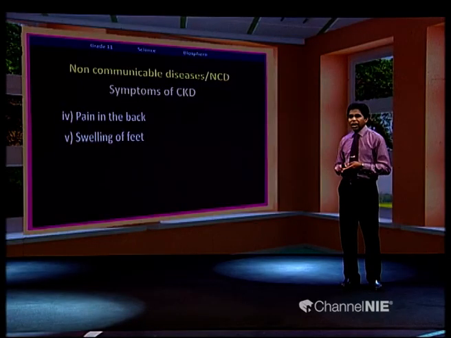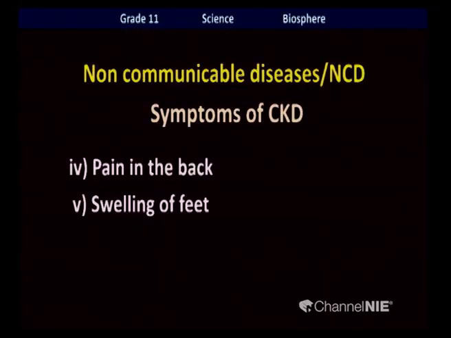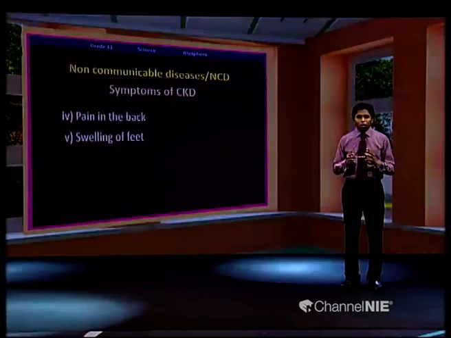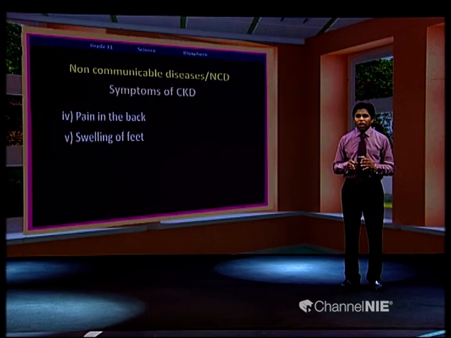Number 4, pain in the back and swelling of feet, because in your blood there are urea, creatinine, uric acid, protein and other unwanted substances, so excretory products get accumulated in the body fluid. It can cause swelling of some parts of the body, because the kidney fails to filter blood.